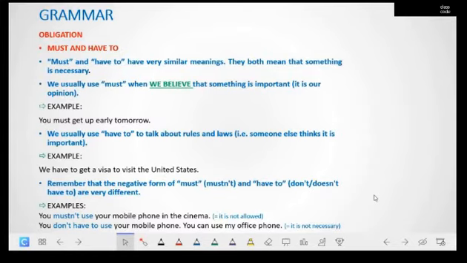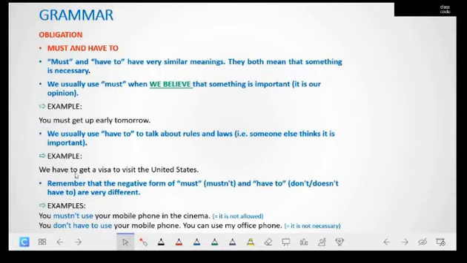So it's not us. It's like someone from outside, because must means this is what we believe. We use must according to my belief or what we believe. Whereas have to means there is a rule or someone that forces you to do something.